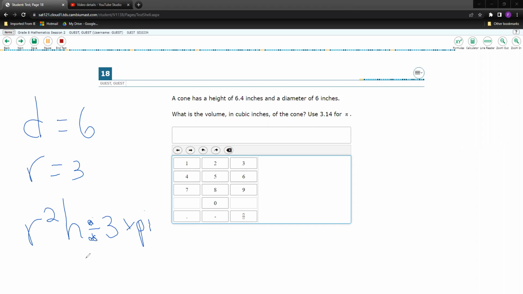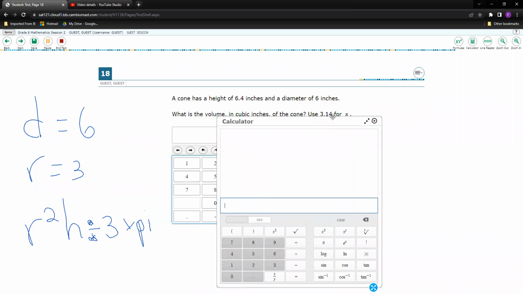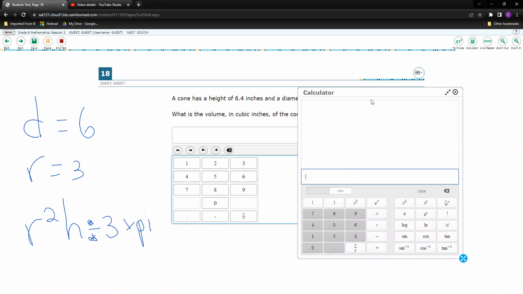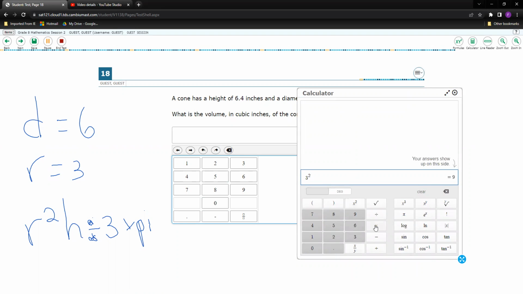So let me do that in the calculator. We have it. So let's use it. Okay, so I need to do radius 3 squared times the height, which is 6.4, divided by 3.